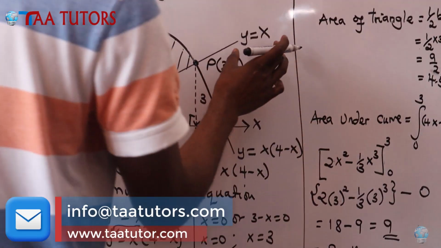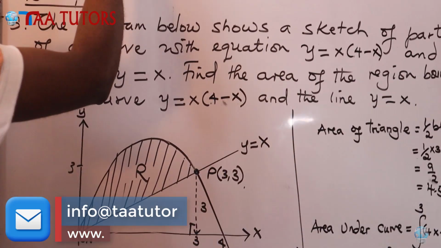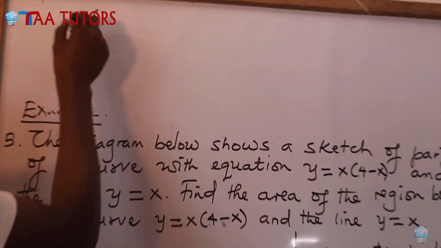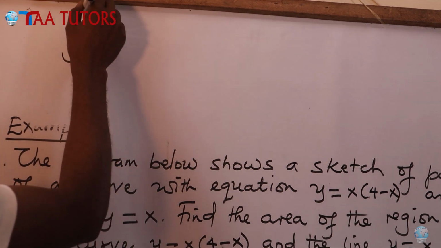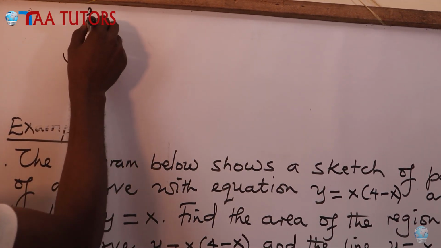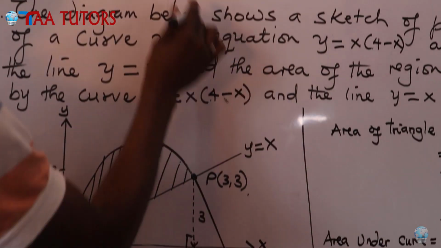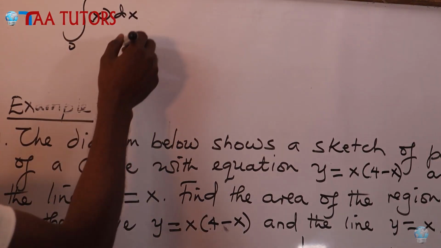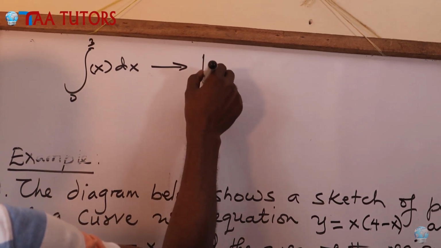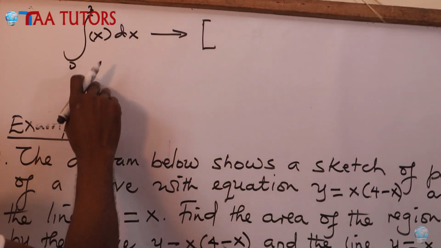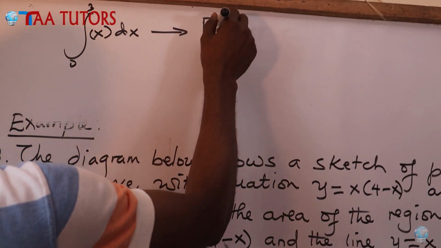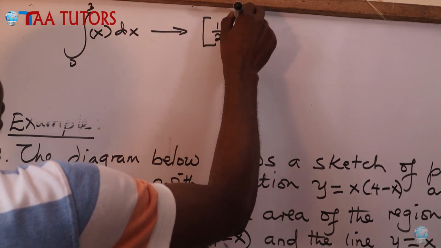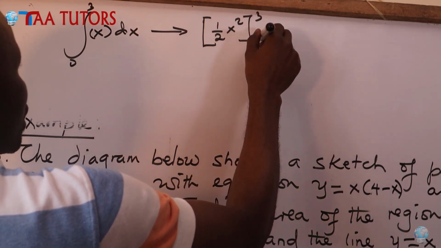So I'll say that this one here will be the integral from 0 to 3, so 3 is here, 0, and this one is x, so we'll just say x dx. So if you integrate this one, x is the same as x power 1, so 1 plus 1, it will be half x squared, 3, 0.